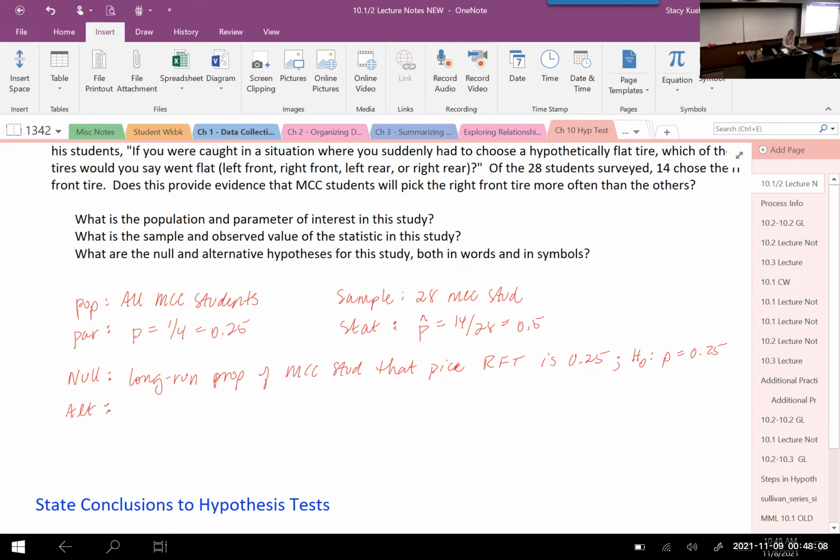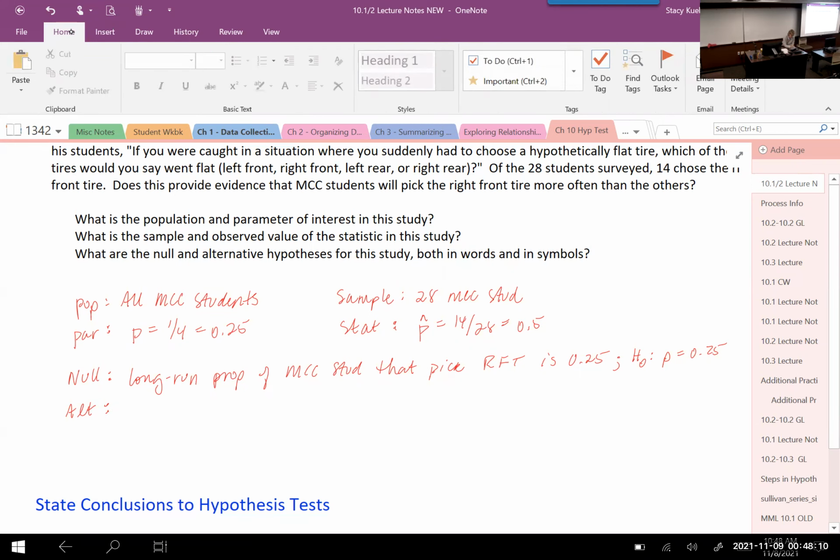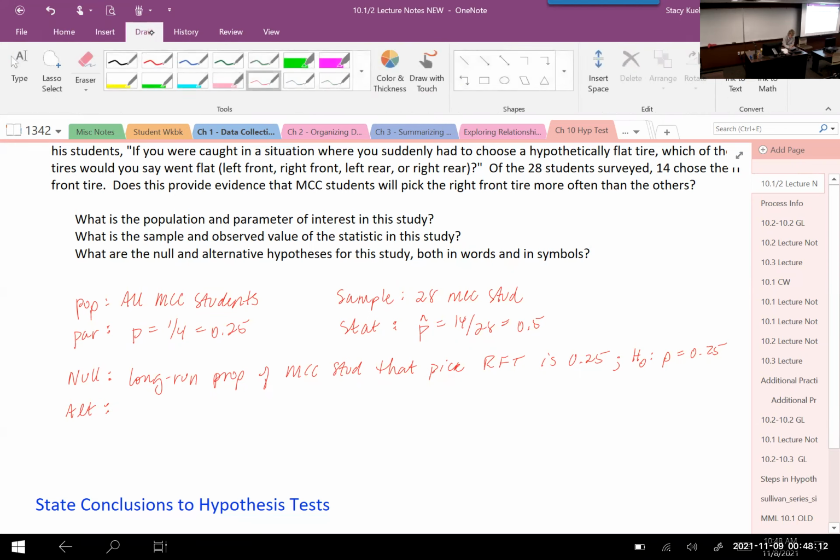Right, so it's more than. So we have right here: does this provide evidence that the MCC students will pick the right front tire more often than others?